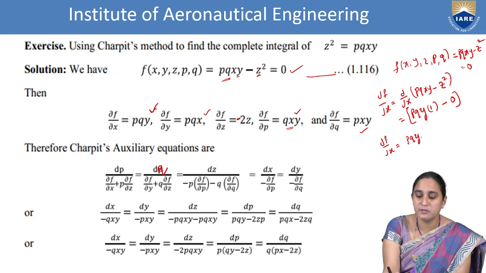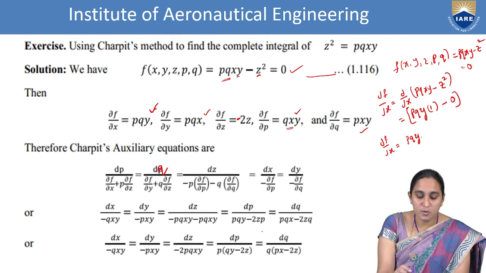Now substitute each and every value in Charpit's auxiliary equation. We can write the Charpit equation as dx by minus dou f by dou p, equal to dy by minus dou f by dou q, and dp, dq and dz, or dx, dy, dz, dp, dq. Now substitute: dx by minus dou f by dou p.